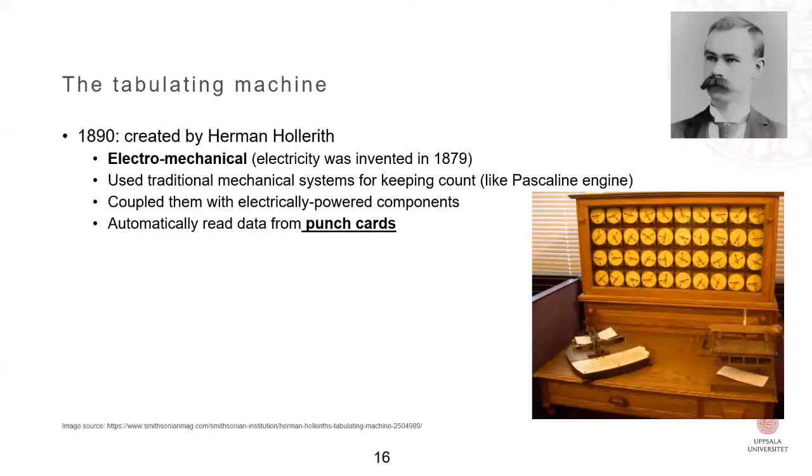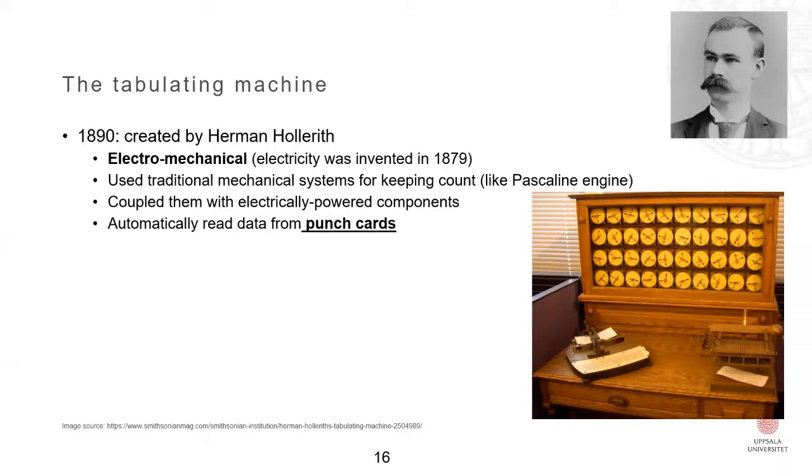Herman Hollerith designed the tabulating machine in the 1890s, which was electromechanical. This is interesting, because this invention was done like 10, 11 years after the invention of electricity. So this is maybe the first occurrence that electricity was used for computation. His machine was both electrical and mechanical.